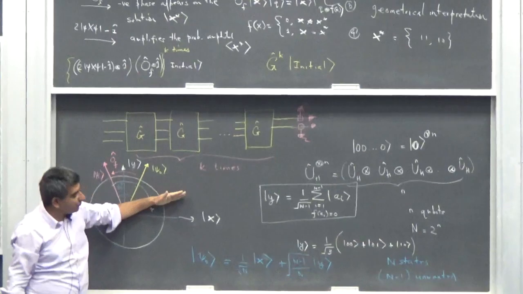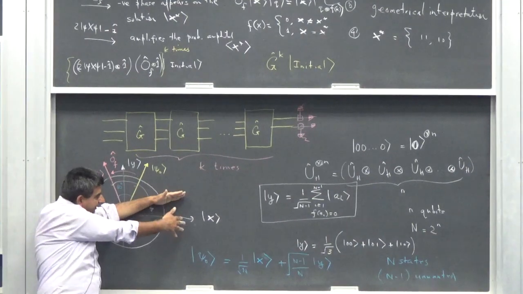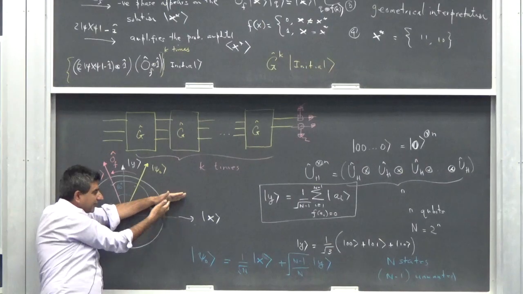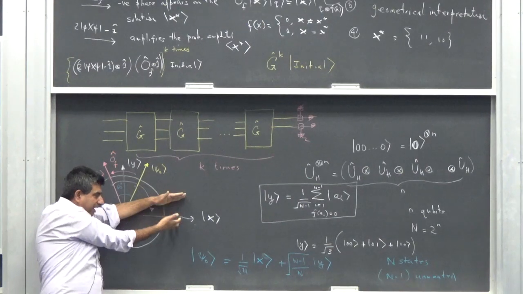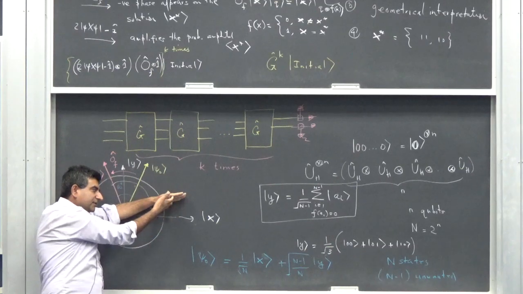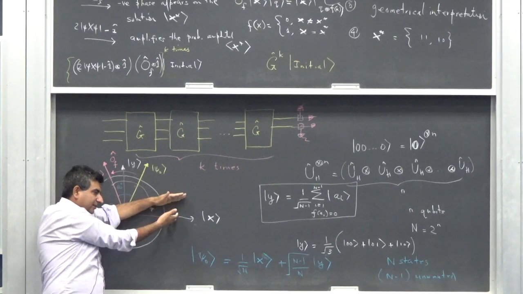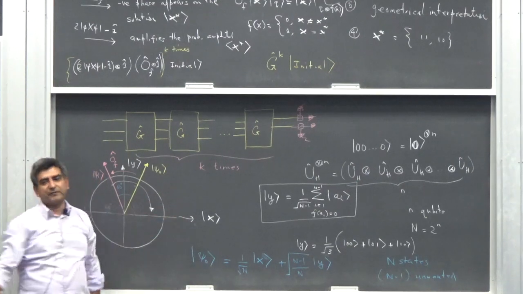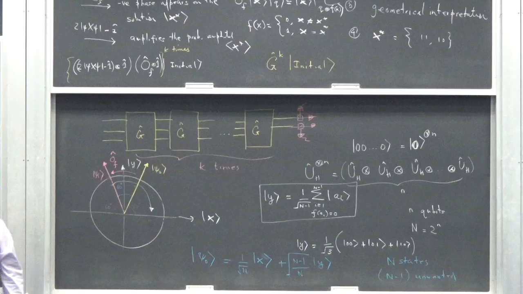Finally, it lands somewhere, and there is some angle between your final state and your desired state, and you would like to make that projection as large as possible, because the modulus squared of the cosine of this angle is going to give you the probability of success. That's how this algorithm is really working.